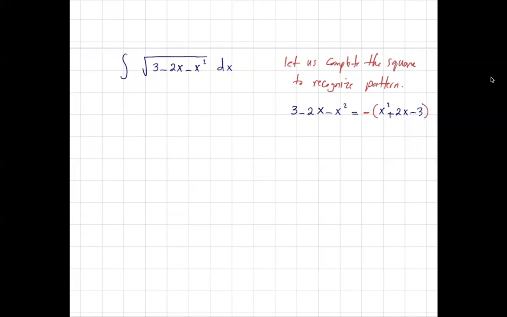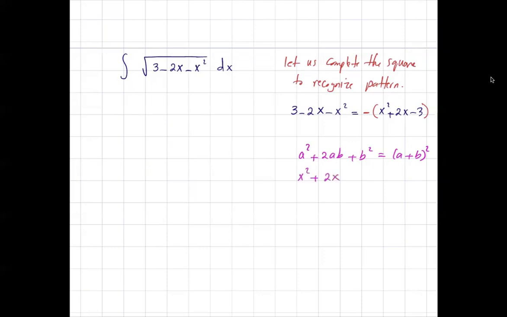Now going back to algebra, remember that if you have a squared plus 2ab plus b squared, this can be written as a plus b to the second power. So what do we see here? We see that we have x squared plus 2x.